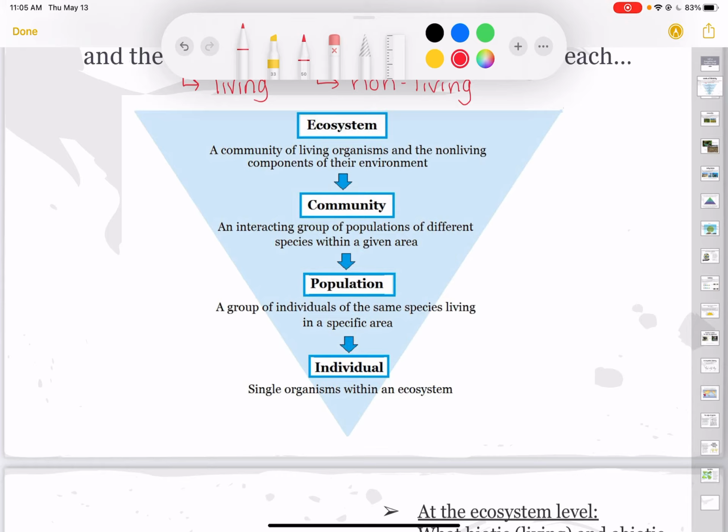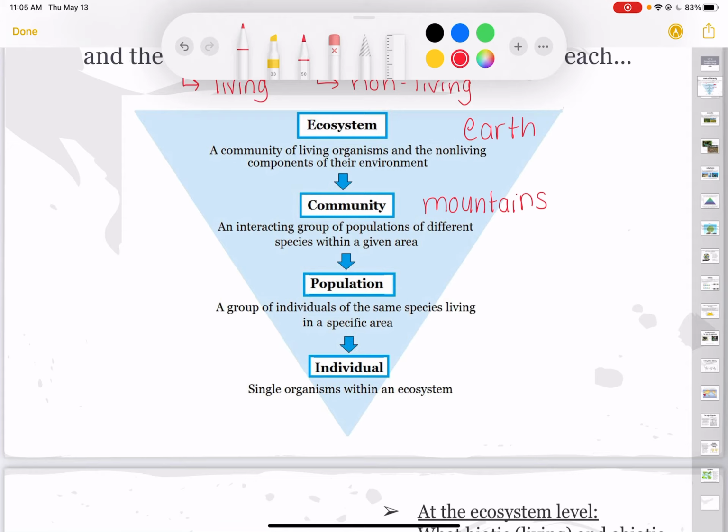Within an ecosystem, we can have communities, and communities are an interacting group of populations of different species within a given area, okay? So an ecosystem could be like the earth, and then within the earth, we might have a section of spots. Let's say we're gonna look at the mountains. On the mountains, we have different species living there, living and non-living, and they're all living in the mountains.